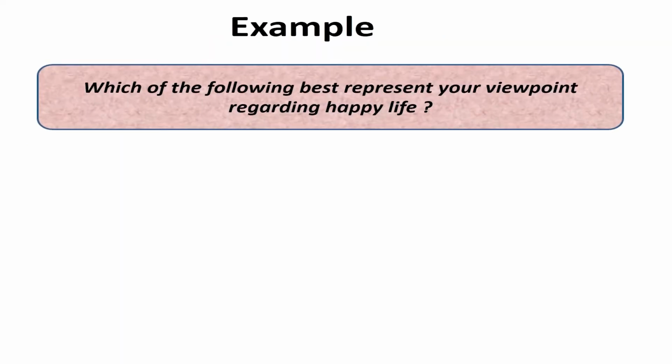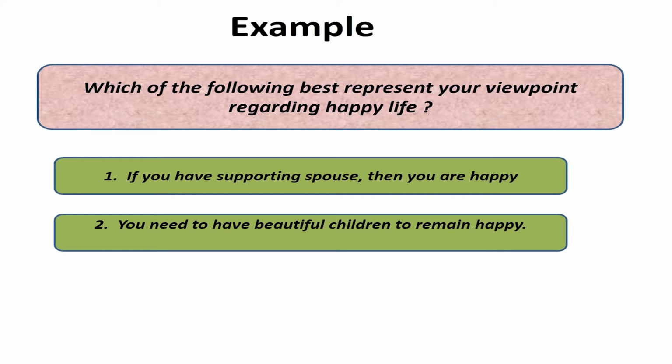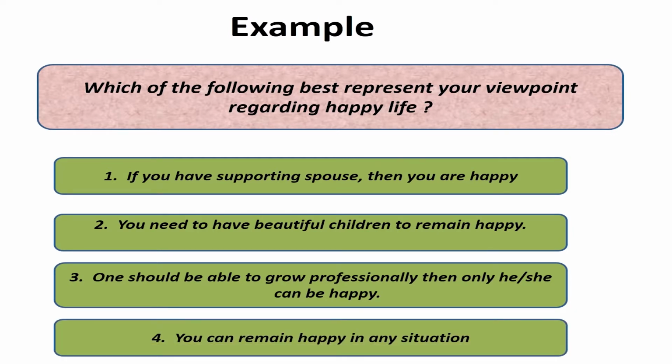An example of such type of questions is, which of the following best represent your viewpoint regarding happy life? And the options are, first, if you have a supporting spouse, then you are happy. Second, you need to have beautiful children to remain happy. Third, one should be able to grow professionally, only then he or she can be happy. And fourth, you can remain happy in any situation.